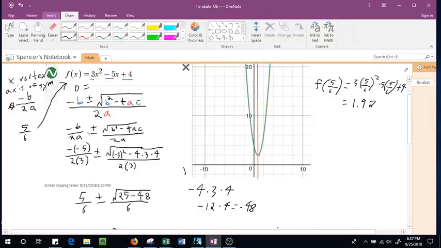So let's see if that makes sense. If this is our 10, and we have 1, 2, 3, 4, 5 blocks here, that must mean that each one of these blocks is about 2. This is also about 2. It's just slightly less, right? 0.08 less than 2. So we would expect our vertex to be somewhere around here, and we see that yes, our vertex, or that y value, intercepts our axis of symmetry at what we can perceive as the vertex or the minimum point of this quadratic.